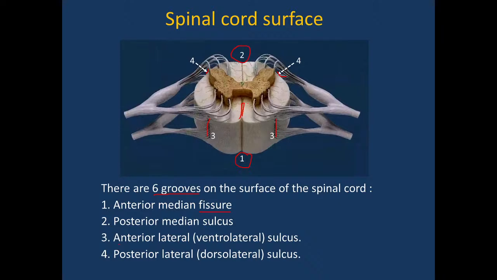The anterior and posterior lateral sulcus are the exit site for the spinal nerve roots. You see this place, spinal nerve roots come out or come in here.